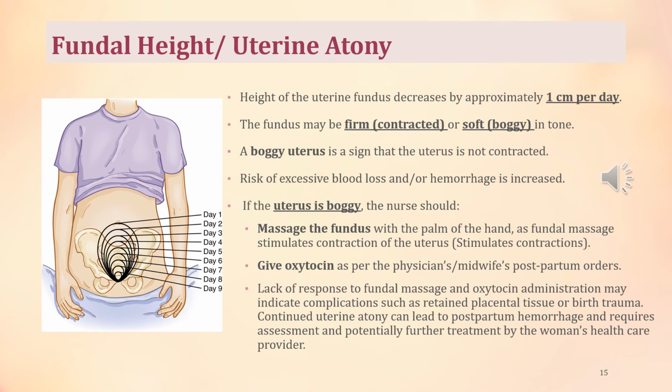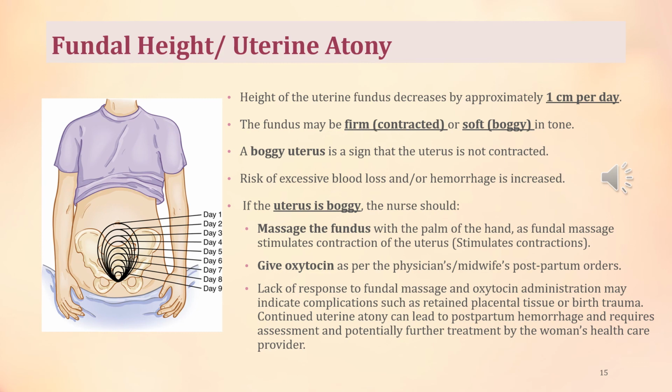Okay. So typically I'd go ahead and have mom get up, go void, then I will assess the uterus. Then we can massage that fundus some. Then we can move to giving oxytocin if we need to.